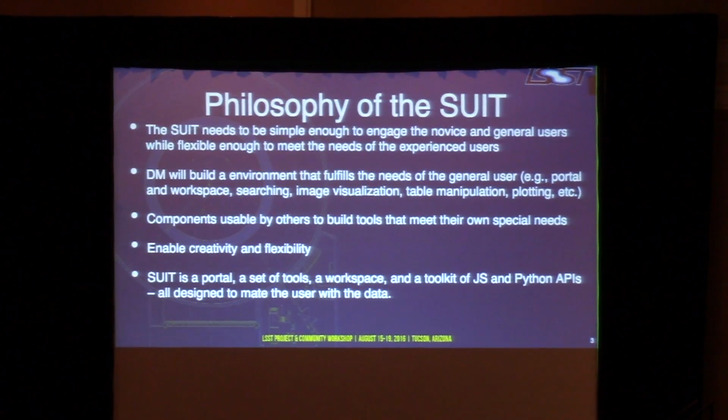So we want to be able to build a portal, but we also want to provide a set of tools and a workspace and a toolkit to be able to put these pieces together, either through accessing the data through APIs and accessing the tools through APIs. And all of this is intended to mate the user with the data.